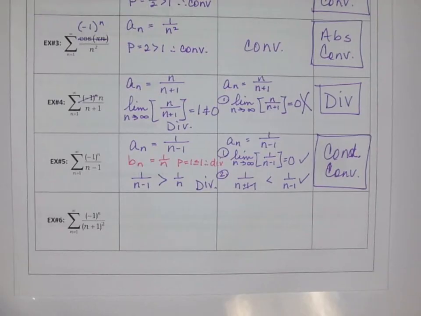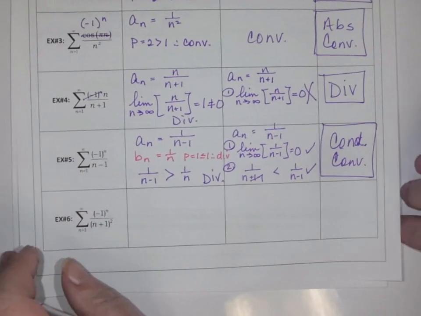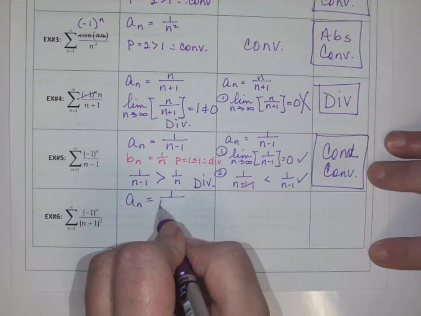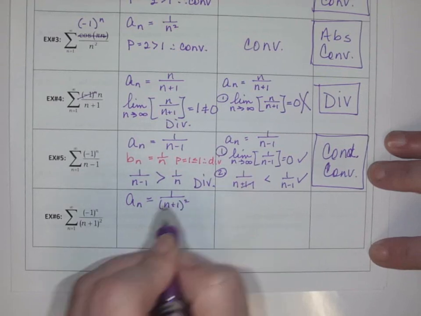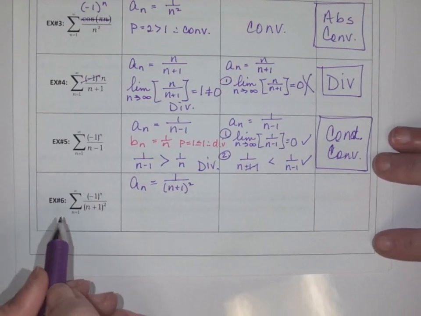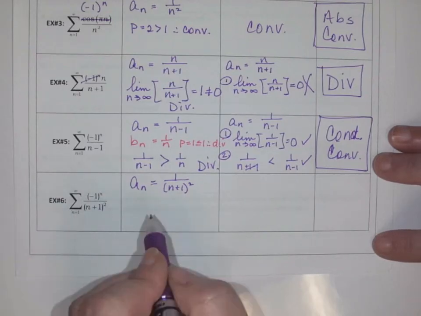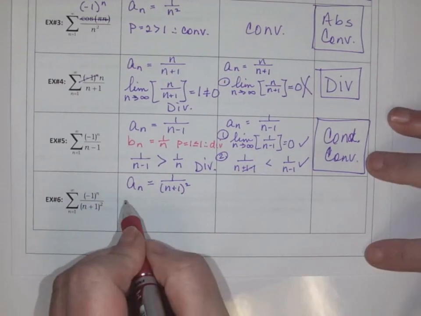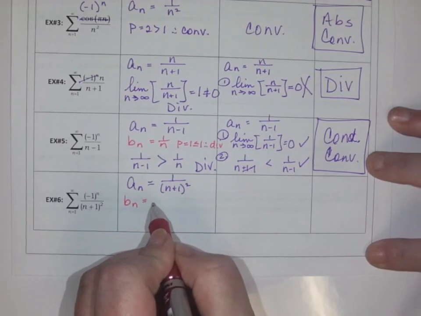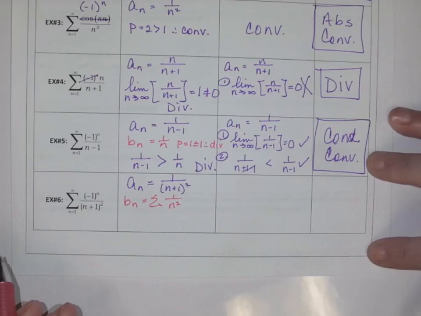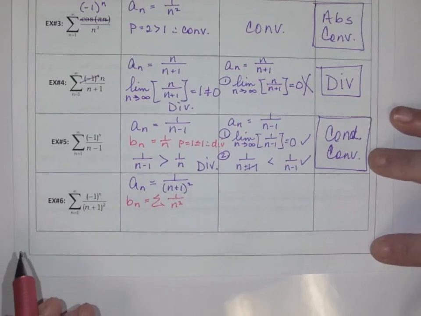All right, last one, we have negative 1 to the n over n plus 1 quantity squared. So if we did our a sub n as 1 over n plus 1 quantity squared, I'm going to compare that. So b sub n is going to be the sum of 1 over n squared, okay? Because if I think about foiling that out.